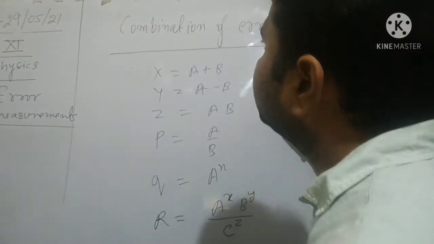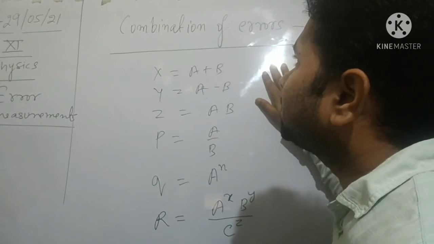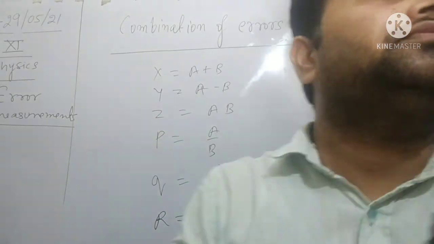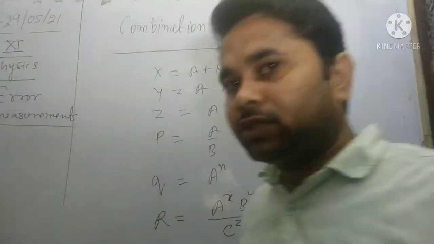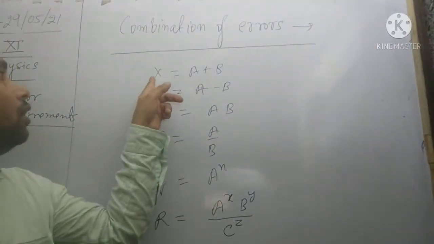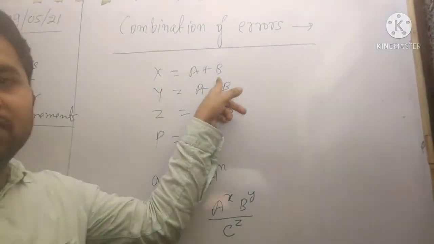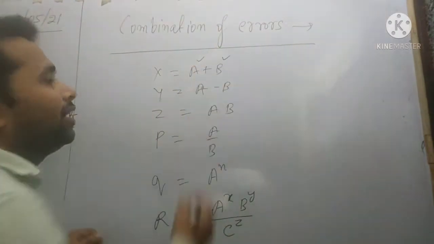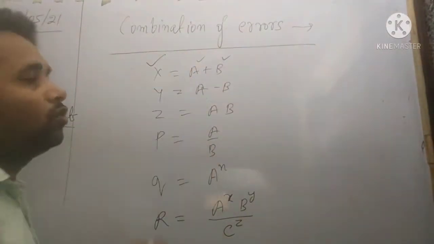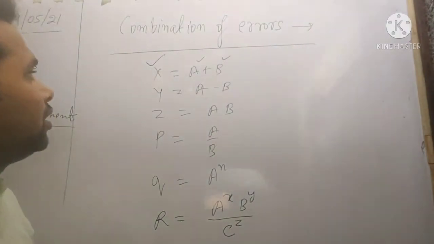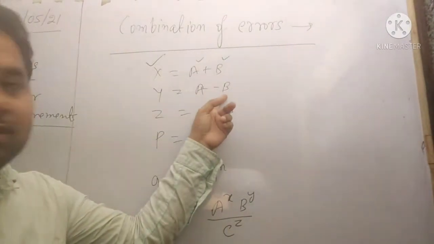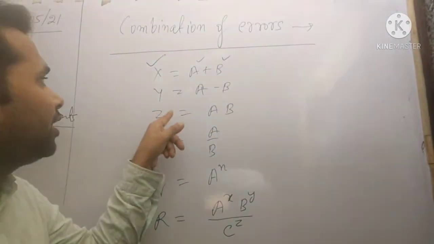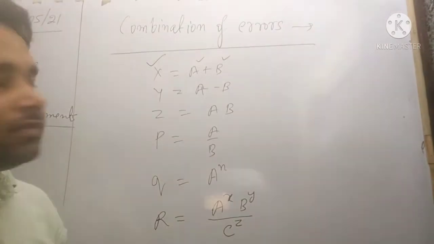So let's see here, we have to discuss the combination of errors. See here, x equals to if a plus b, that is the sum of two quantities. अगर a और b दोनों में एरर होती है तो x में फाइनल एरर क्या होगी? Similarly, if you have the error in a and b and we have to find the error in this final result y, that is the difference of a and b.